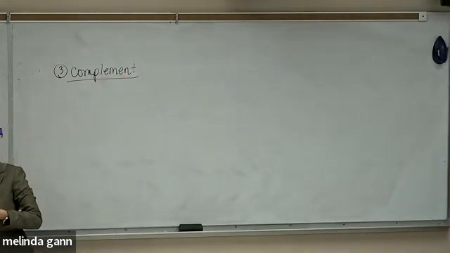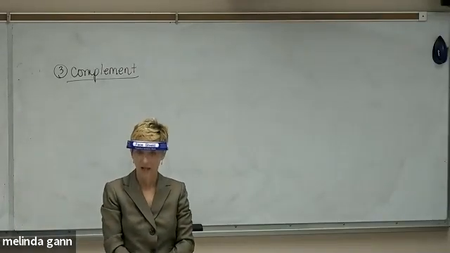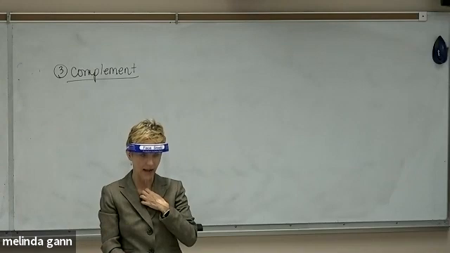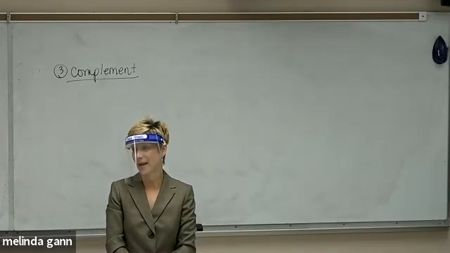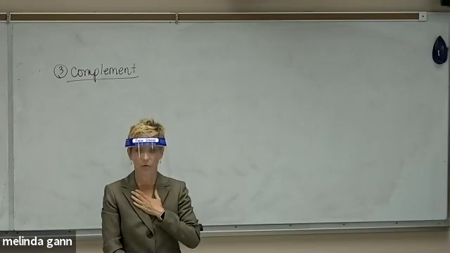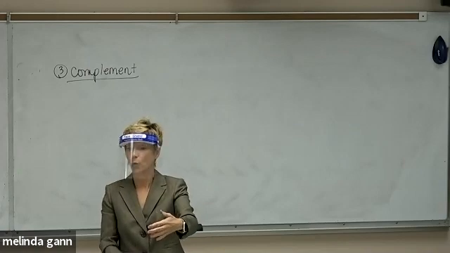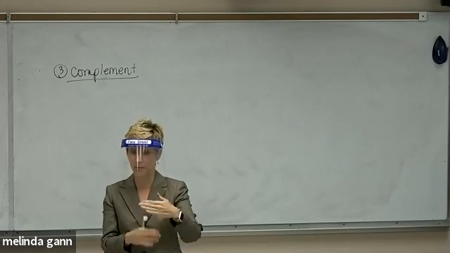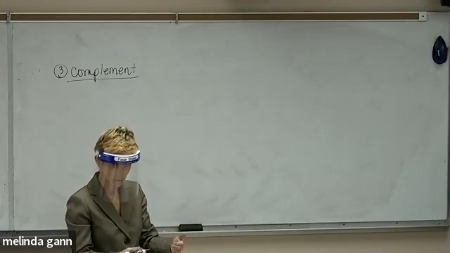It's not compliment with an I. It's not don't you look nice. If I tell you that my personality and my husband's personality complement each other, does that mean that we're exactly alike? No. What does that mean? What I don't have, he has. So we kind of make up for each person's deficits. Everybody with me? All right, that's the way complement of a set's going to be.